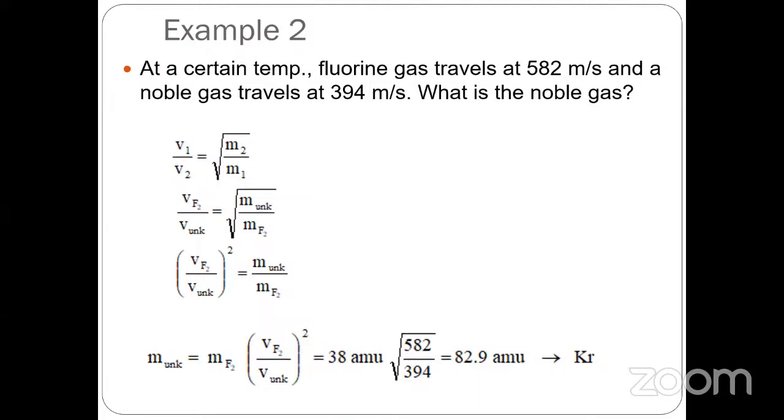So in this example, we are looking for the formula or the gas that travels at 394 meters per second. So what we did was to calculate the molar mass using our formula: the velocity of fluorine over the velocity of the unknown equals the square root of the molecular mass of the unknown divided by the square root of the molecular mass of fluorine.